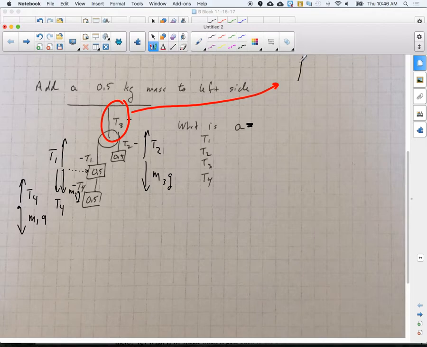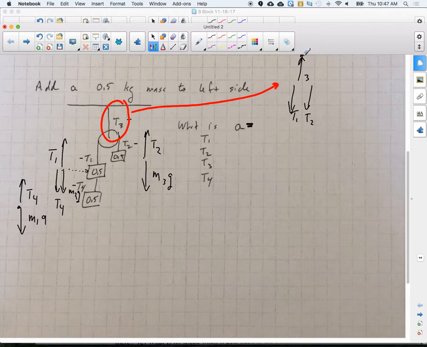I have a T3 going up, and I have a T1 and a T2 going down. And clearly this guy's not drawn to scale. This should be much longer. But I've run out of space. Okay. And the next step would be to write, what's the next step?